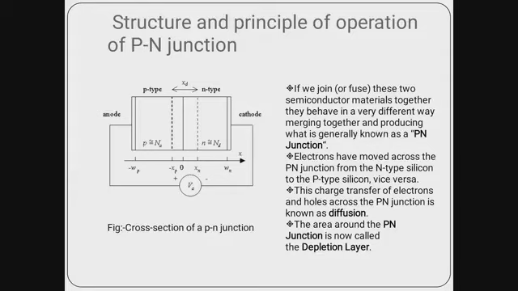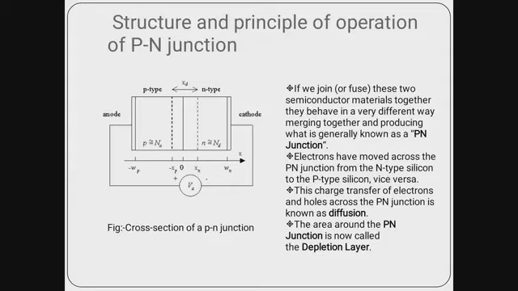As a result, the charge density of the p type along the junction is filled with negatively charged acceptor ions, which are basically denoted by N suffix a, and the charge density of the n side along the junction becomes positive.